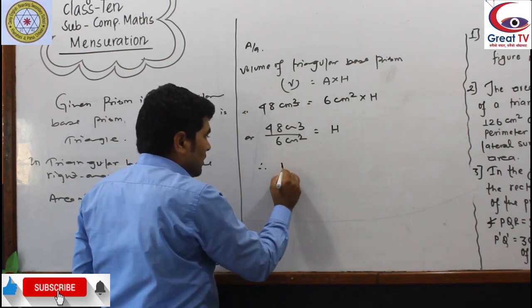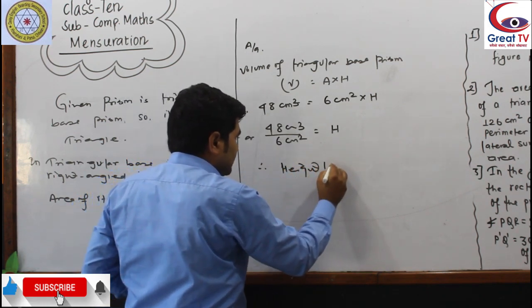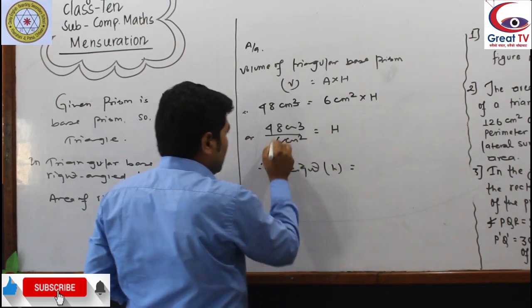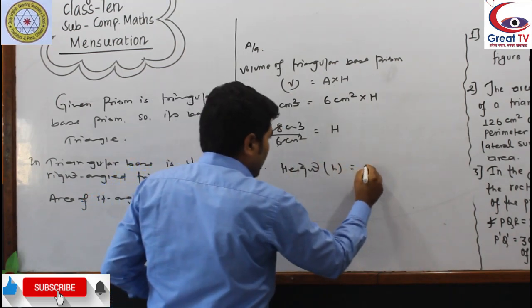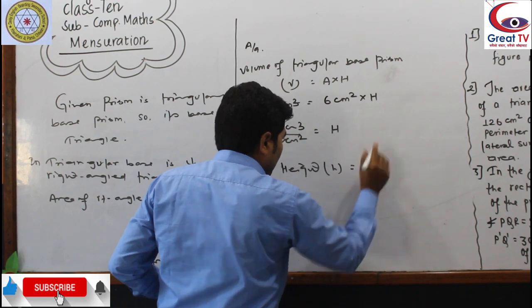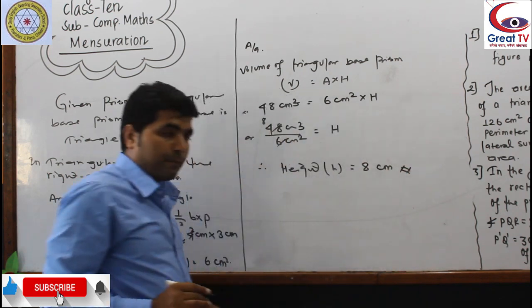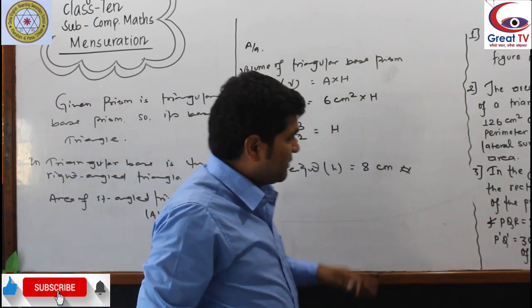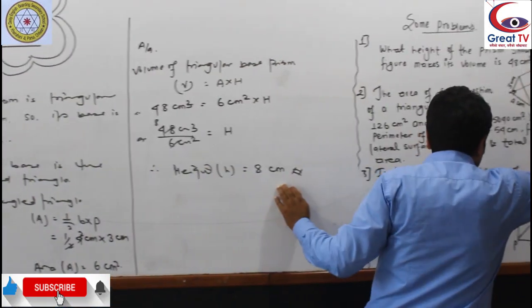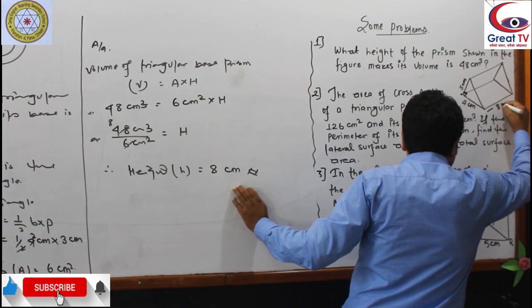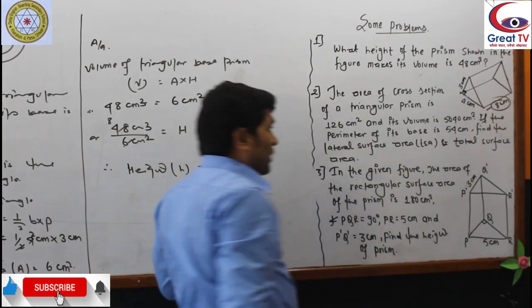Therefore, height H equals 8 cm is the solution. Therefore, the height of the triangular base prism, or the length of this triangular base prism, is 8 cm. This one is required.